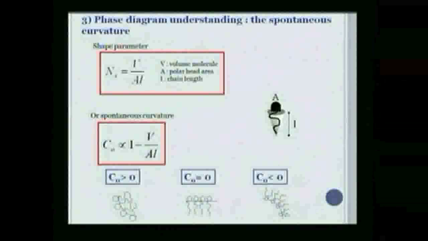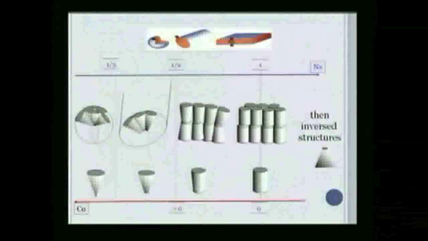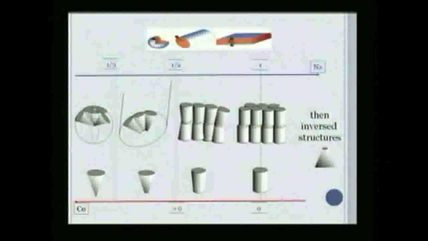Maybe I can show you this on the next slide and come back after. If you take this cone, which represents the surfactant, and you put another here, and another here, and another here, if you try to fill your space with cones like this, you will form a sphere very easily. Okay? So this is the case where C0 is positive and high.